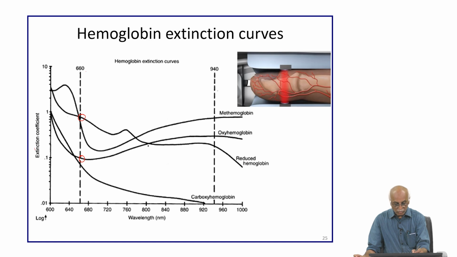There is one isosbestic line around 800 nanometer, where both oxyhemoglobin and reduced hemoglobin show almost equal extinction coefficient, and then around 940 nanometer oxyhemoglobin has more extinction, reduced hemoglobin has less extinction.